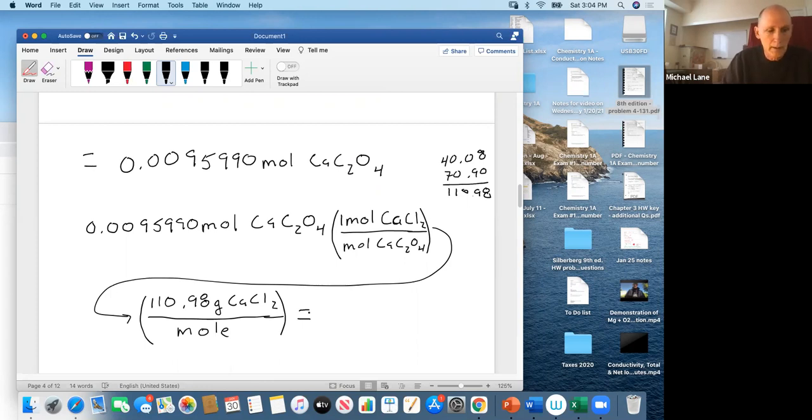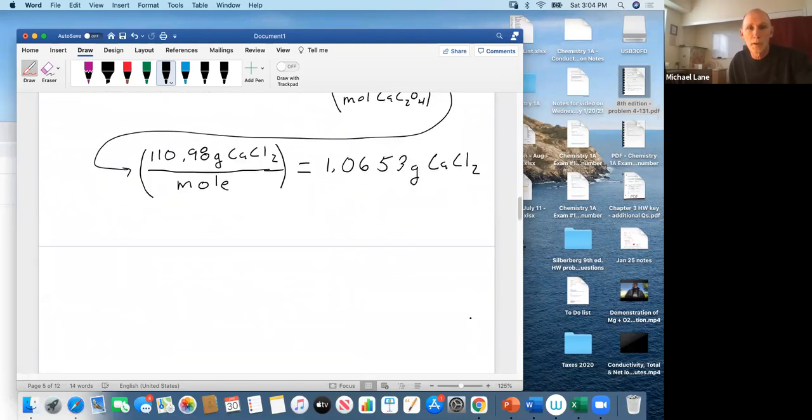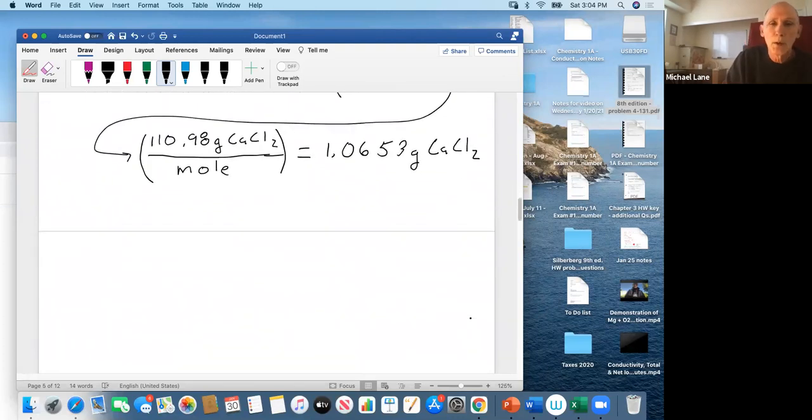And I get a value of 1.0653 grams of calcium chloride. We're almost there, because the question that was asked was, what is the percentage of calcium chloride in the overall sample?